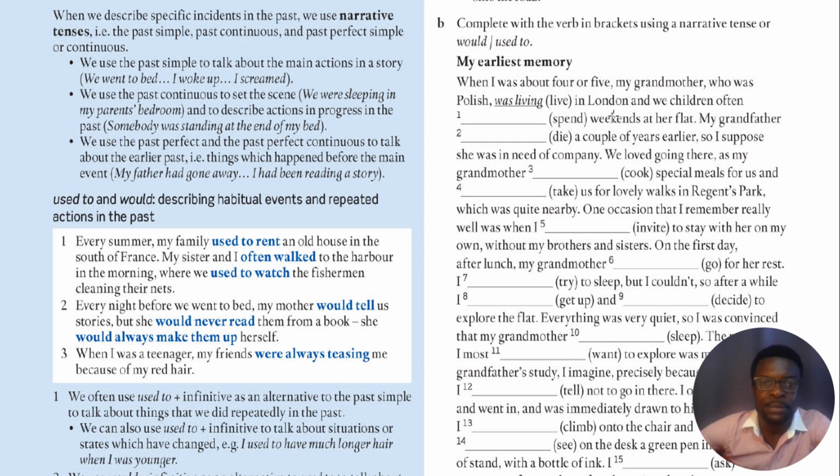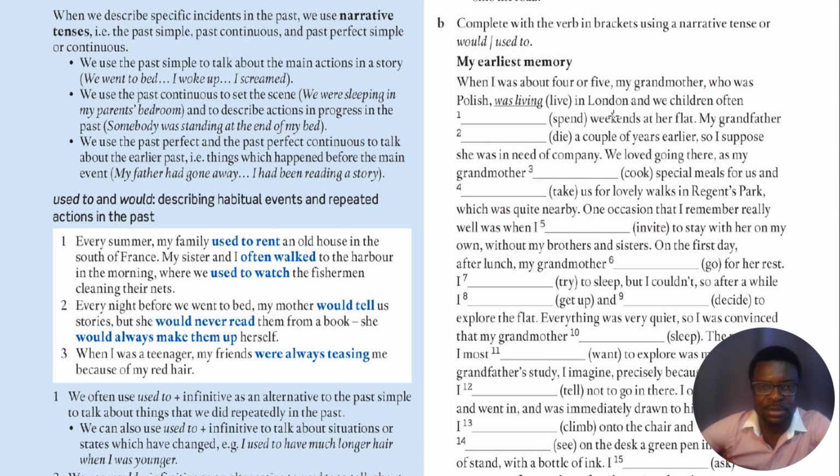We use the past simple to talk about the main action in a story. For example, we went to bed, I woke up, I screamed. So in the second section, we use the past continuous to set the scene.